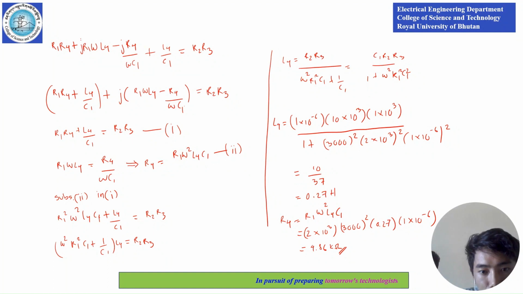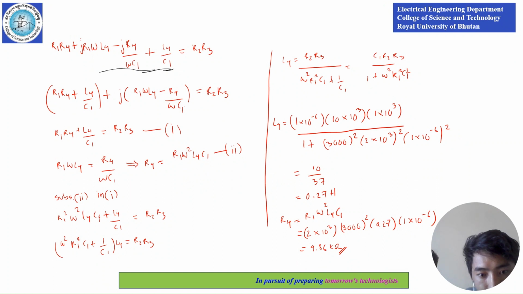Upon substituting the values of the impedances in the balance equation, we have obtained this equation. We keep all real terms together and imaginary terms together.